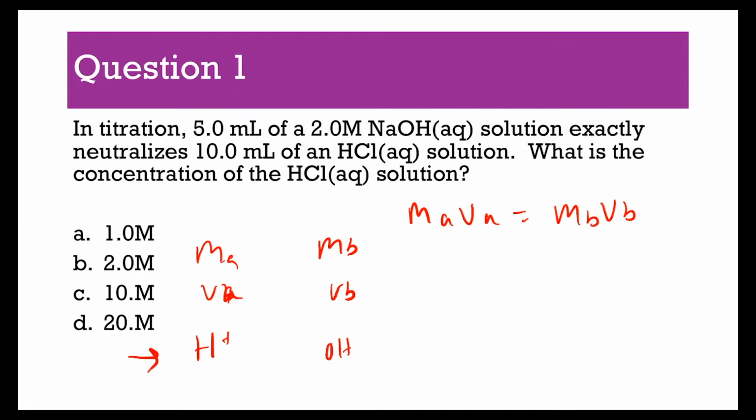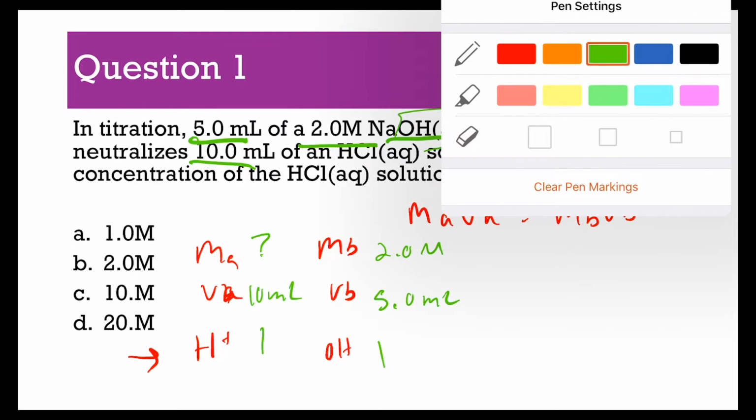So looking into it, 5 mL of a 2 molar NaOH, that is our base. We have 5 mL of it, and our base gives off one OH group. Then our acid, we have 10 mL of it. That's the volume of our acid. Our acid gives off 1 H. We're looking for the molarity of that.